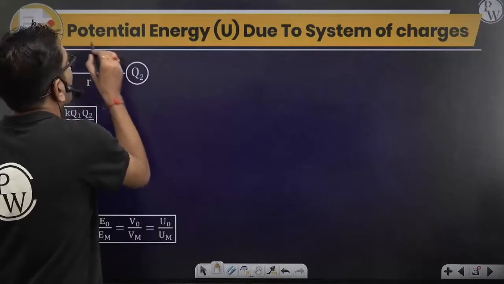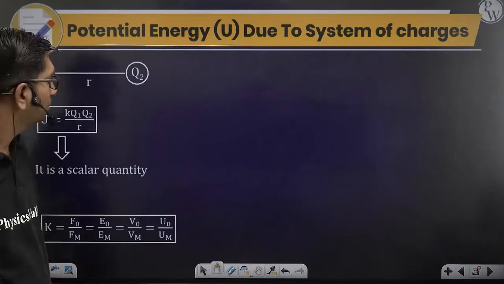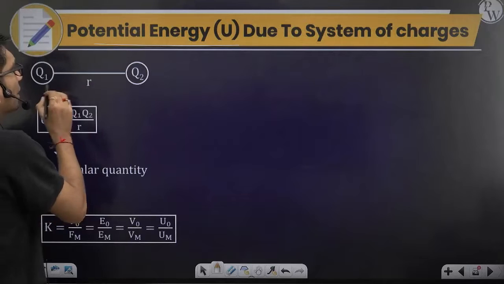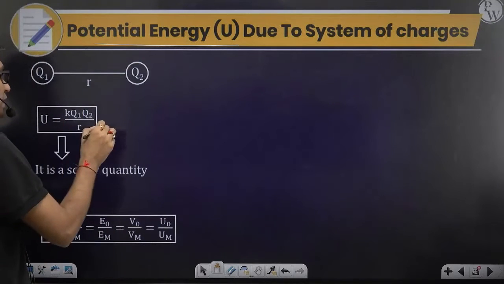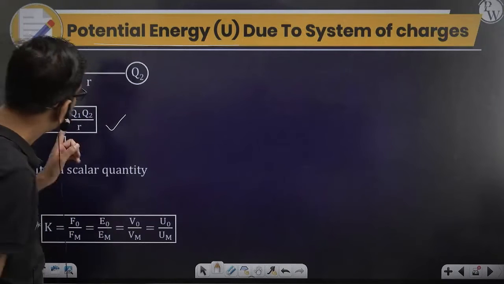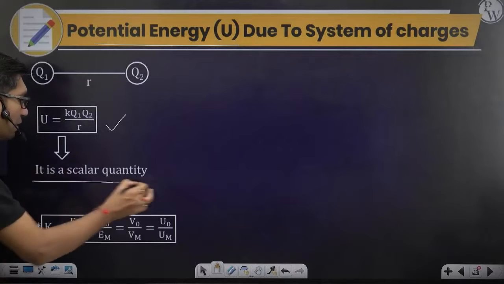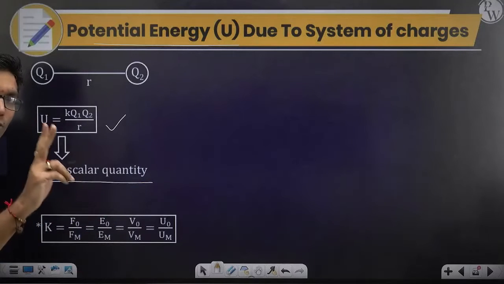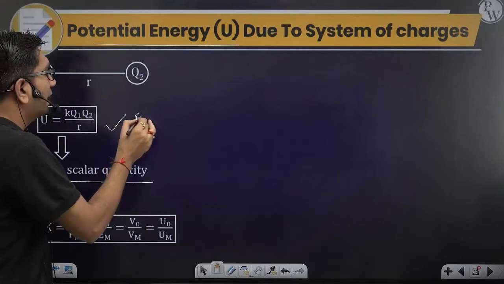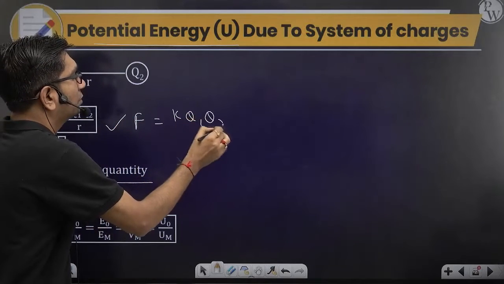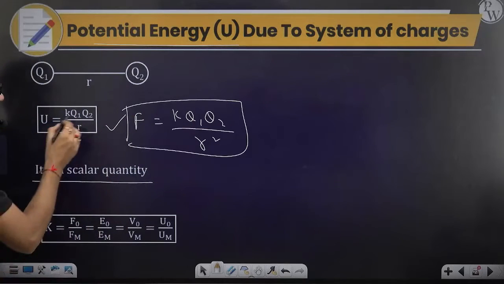Potential energy due to a system of charges. If there are two charges separated by distance small r, then the potential energy between these two is K q1 q2 by r. This is a scalar quantity. For two charges, you will get one force, K q1 q2 by r square, and one potential energy, K q1 q2 by r.